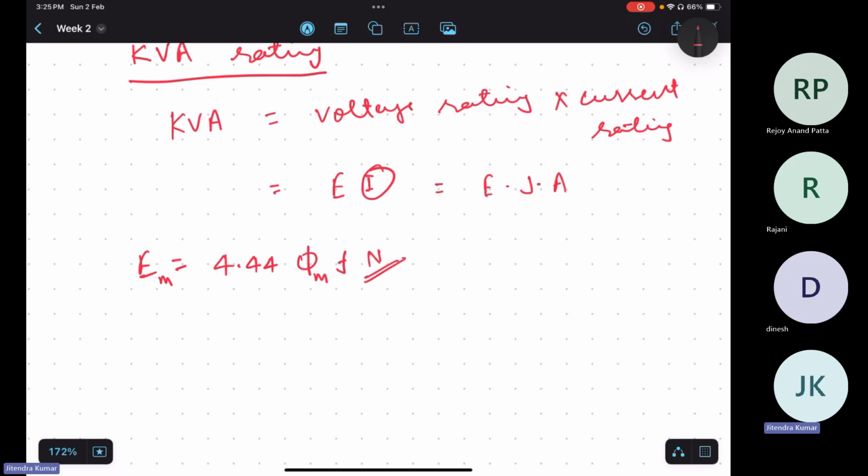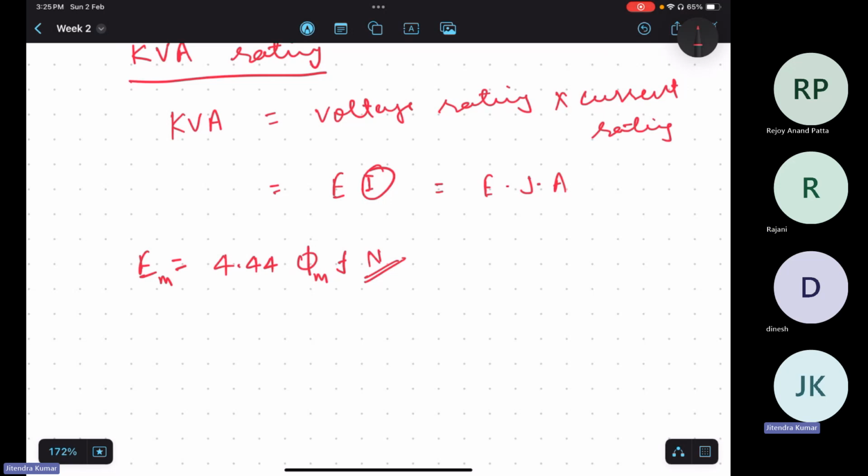Since you are designing and going from bottom to top, you must be in a condition to decide how much area you have so that you can supply that much current there. So that's the logic behind it.